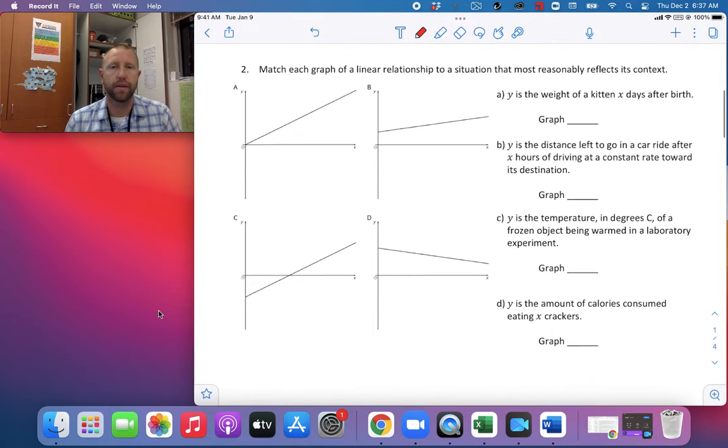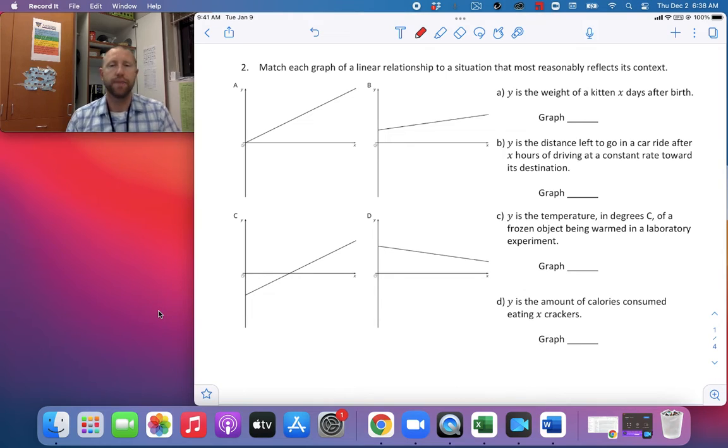All right, for the next question, you match each graph of a linear relationship to a situation that most reasonably reflects its context. So here for lowercase a, it says y is the weight of a kitten x days after birth.